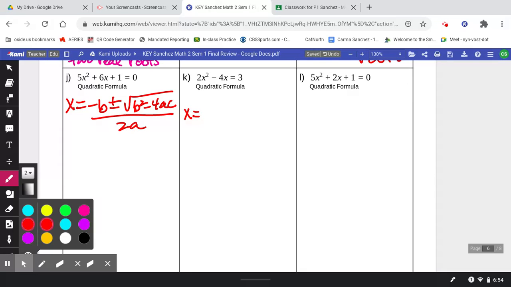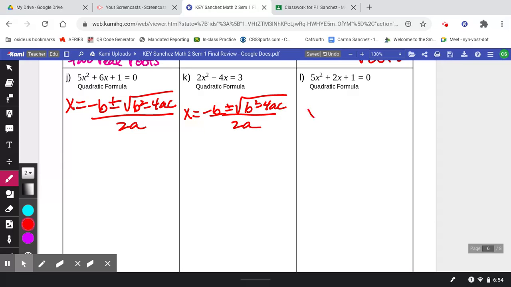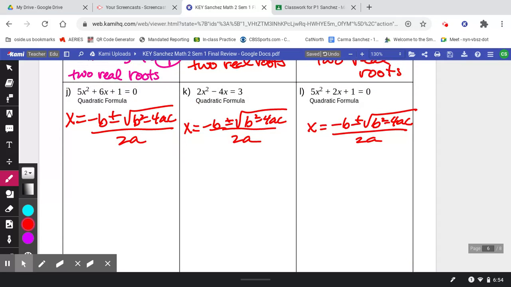So same thing over here, and same thing over here. Negative b plus or minus square root of b squared minus 4ac all over 2a. We're ready to do the whole shebang.